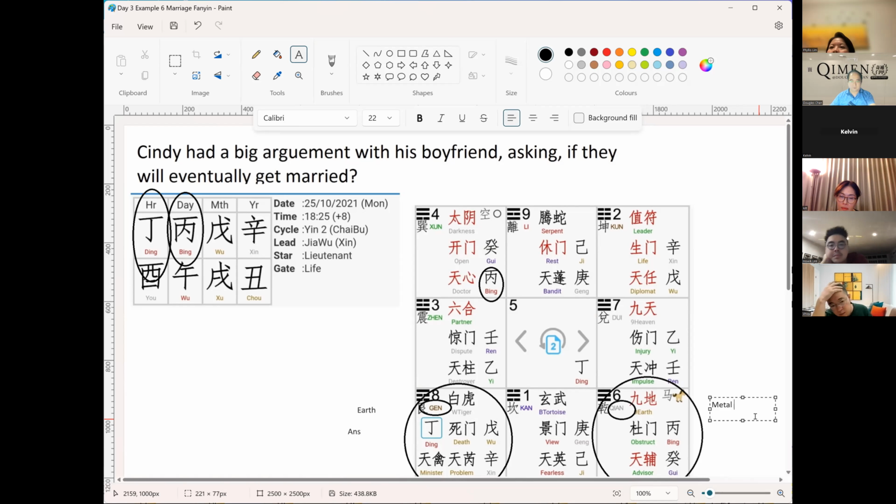Okay, so which means that the energy that is no good, supposed to be a death, white tiger, and a problem, is producing Cindy's energy from 100%, it goes to 150%.